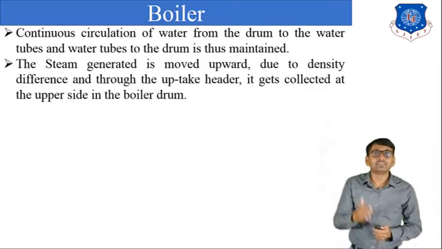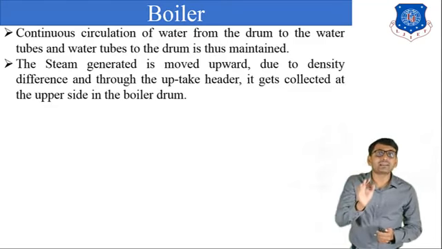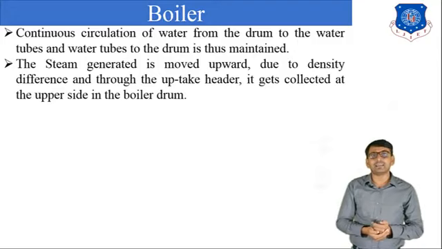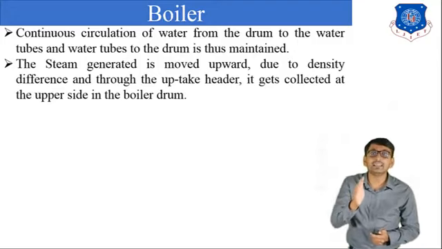So the steam which is produced in the tubes is transferred into the drum by the uptake header, and this steam is collected at the upper side of the drum due to density difference.